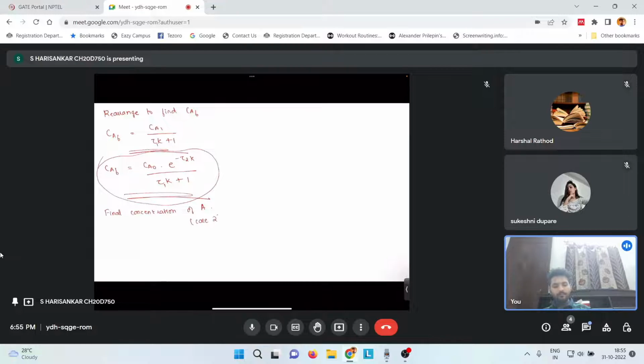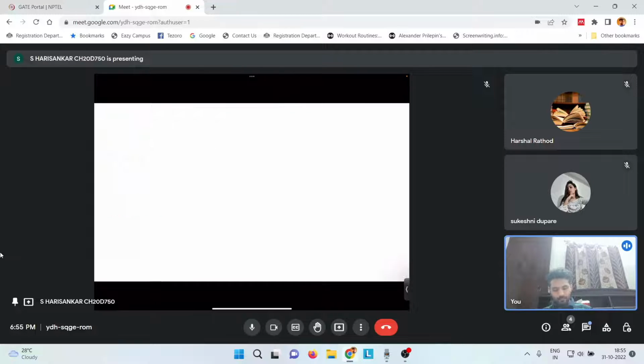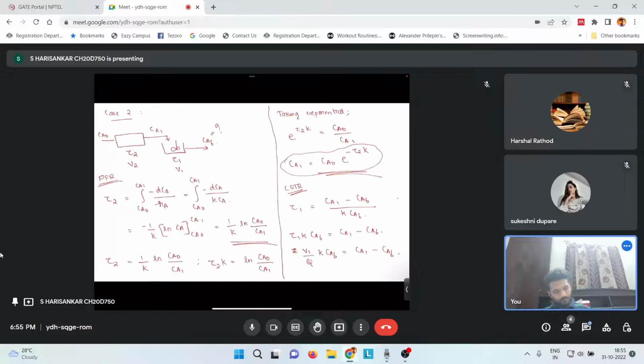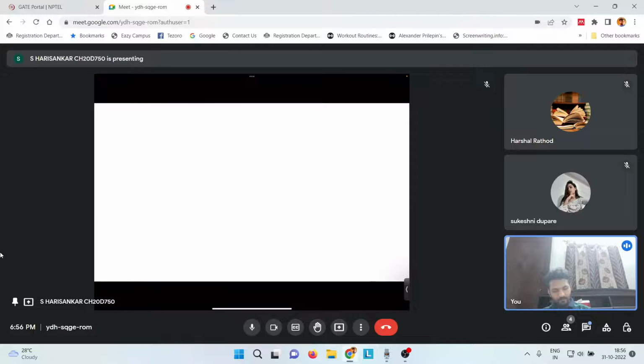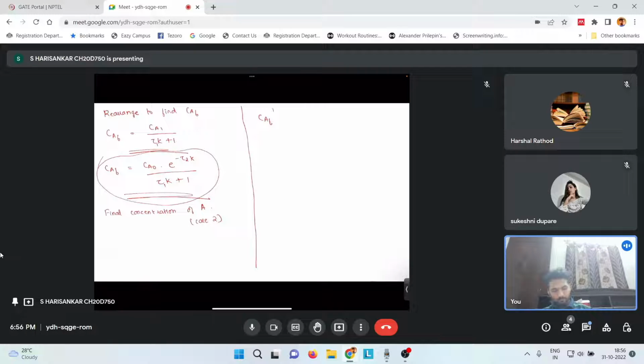Okay, so now let us just write the final concentrations of case 1 and case 2 together. So for case 1, CAF case 1 is equal to CA0 by tau 1k plus 1, e raised to minus tau 2k.